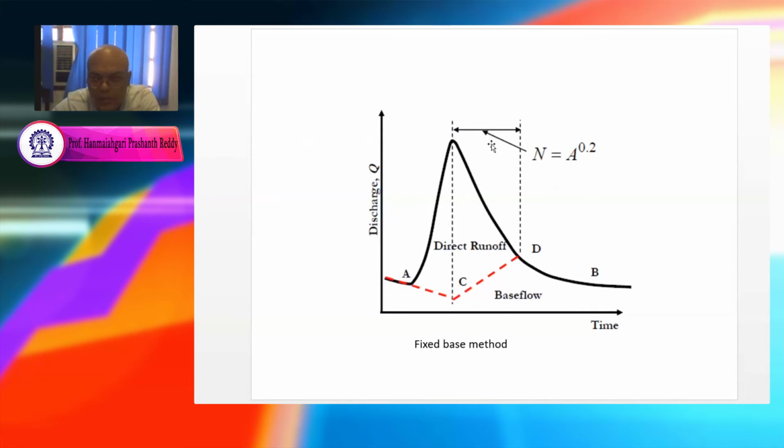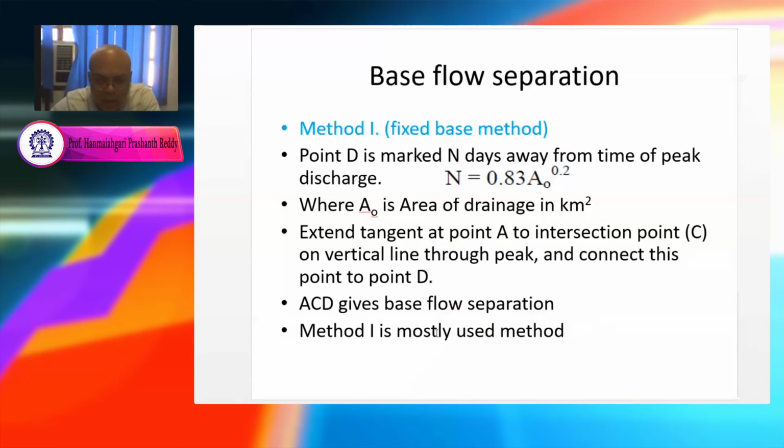Once n is obtained, we can mark point D. Once D is marked, join points C and D. In this way we have a separated base flow. This is called the fixed base method, which is mostly used. This is the most popular method.